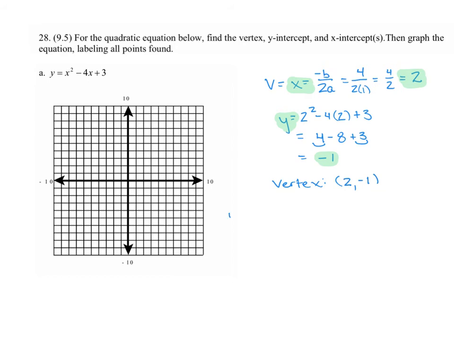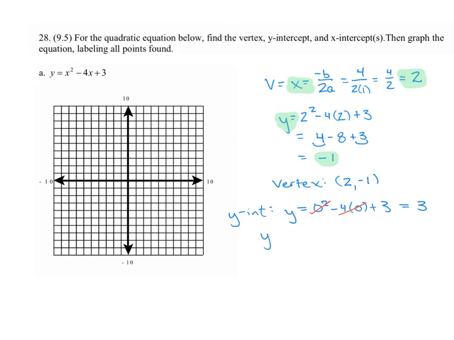So for our y-intercept, we're going to go ahead and plug in 0 for x. We get 0 squared minus 4 times 0 plus 3. And all of my x terms cancel, leaving me with 3.